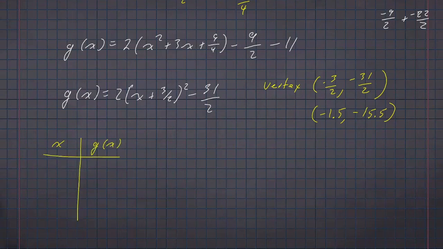All right, but we need that -1.5, -15.5 to be the center of our graph. And I guess we can do -2.5 and -3.5 moving to the left, and we can do -0.5 and +0.5 moving to the right.